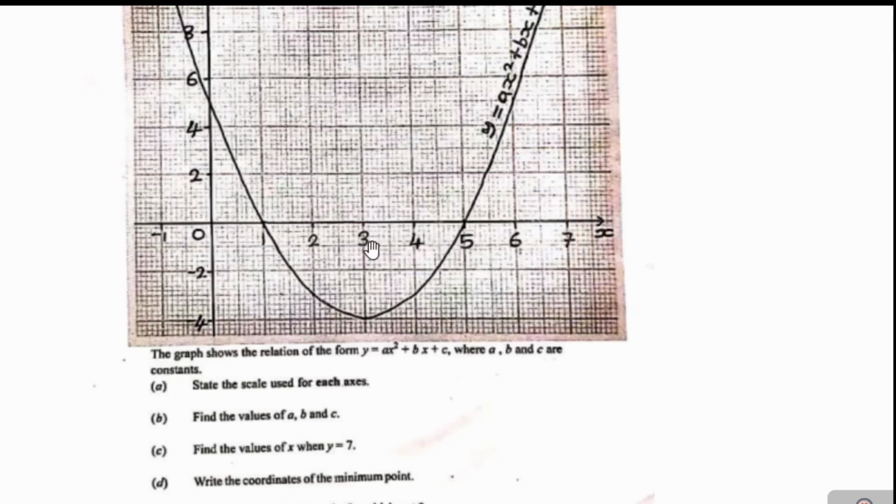And on the x-axis, you already know that each of the bigger boxes is 2 centimeters, and the marking is done from 0 to 1, 1 to 2, 2 to 3, so the interval is 1. Because of that, we'll state the scale as 2 centimeters to 1 unit on the x-axis.